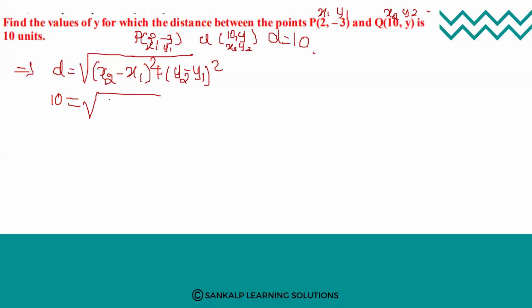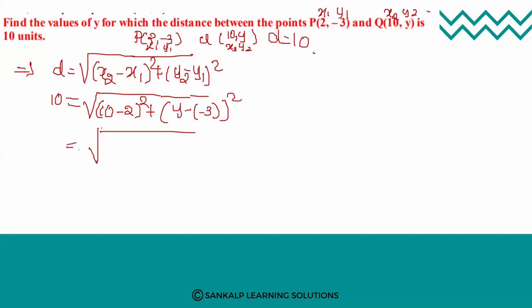d value is 10. So x2 value is 10 here, x1 value is 2, whole square, plus y2 value is y here minus y1 value is minus 3, whole square, right? Now, square root of (10 minus 2) is 8 square plus (y minus into minus, plus 3) whole square. d is 10.